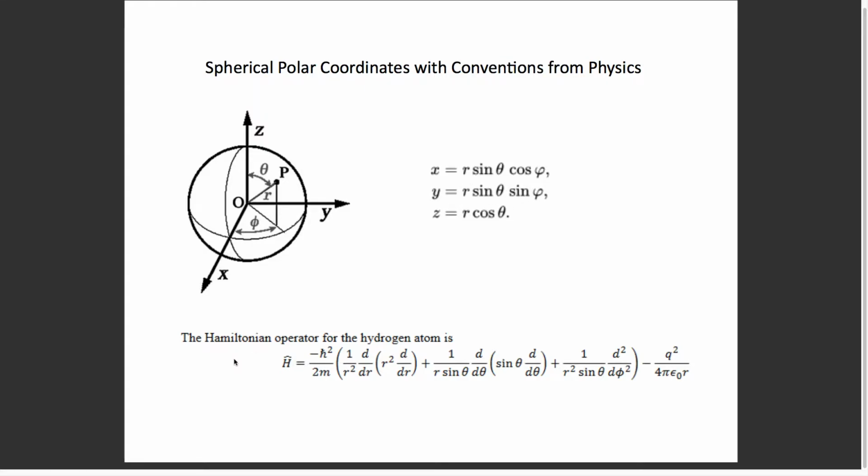theta. We can write the Hamiltonian operator then for the hydrogen atom, and this is the Schrödinger equation. The Schrödinger equation tells us that the Hamiltonian operator acts on a wave function, the wave function being the description in waveform of the electron.